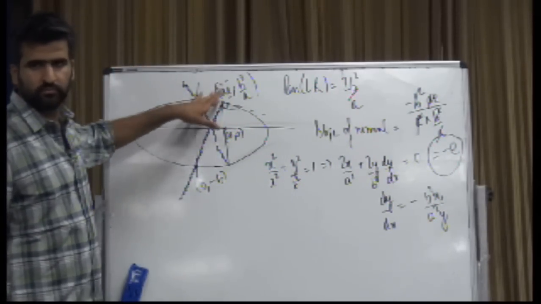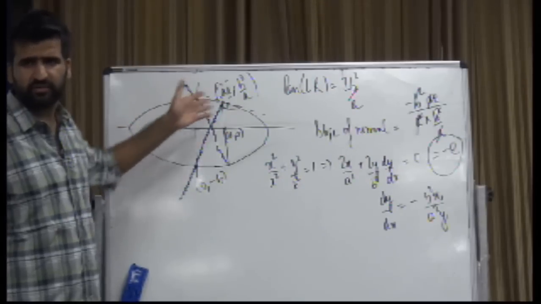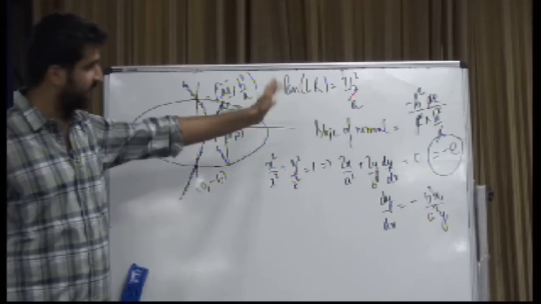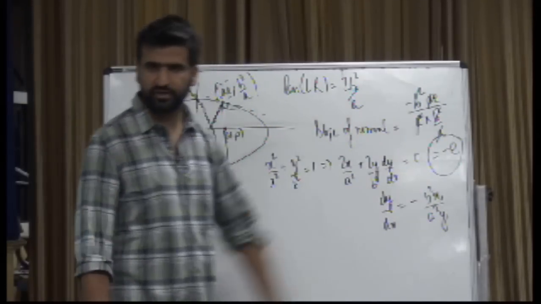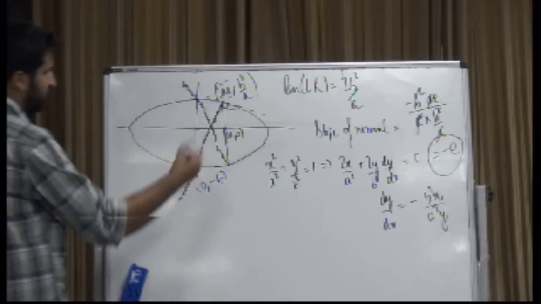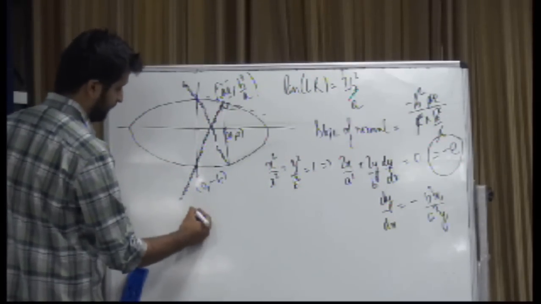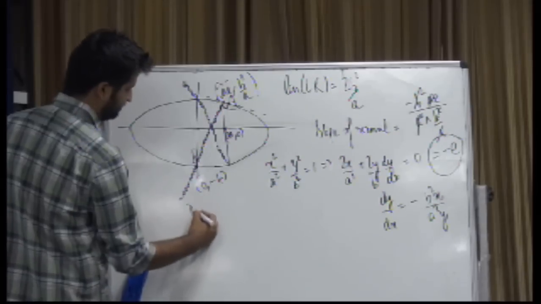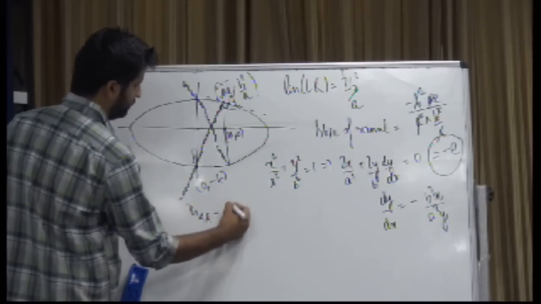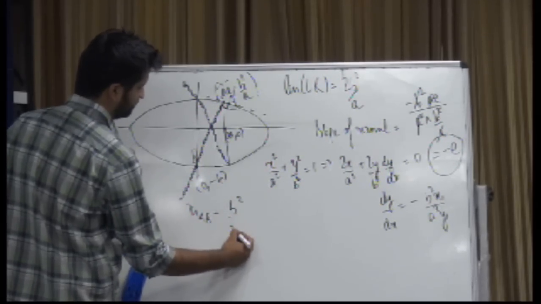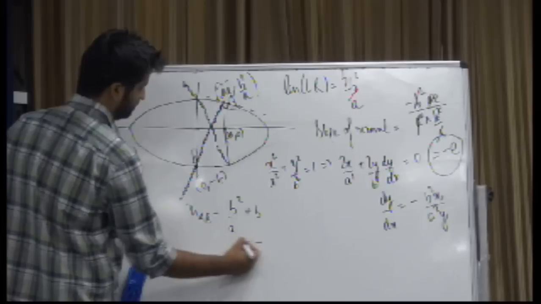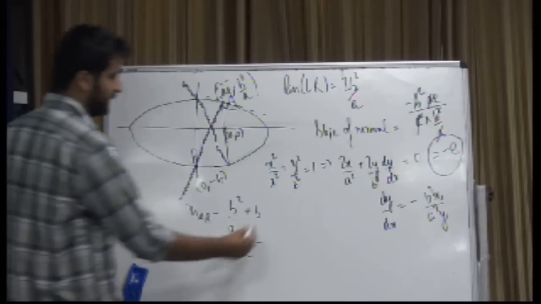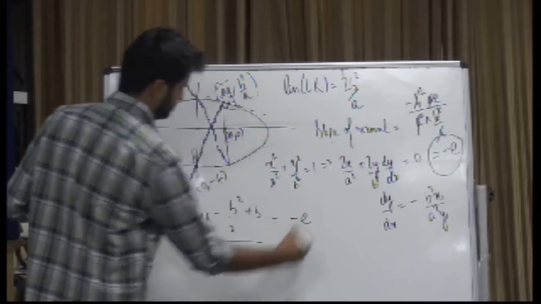Simply by the two-point form, y2 minus y1 upon x2 minus x1, and that is the slope of the normal that we found with the help of differentiation. So the slope of AB will be equal to b square upon a plus b upon a, and this is equal to minus e.